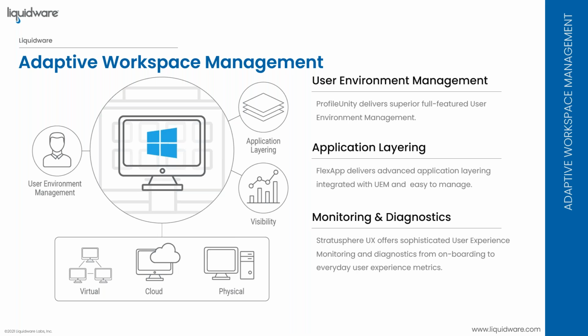So it makes it very flexible, very quick, and very easy to deliver apps on demand. And last but not least, because this is going to be the main focus of this seminar, is Stratosphere. Stratosphere is all about monitoring and diagnostic. So it's all about intelligence, data, metrics, and understanding what happens in your workspace.